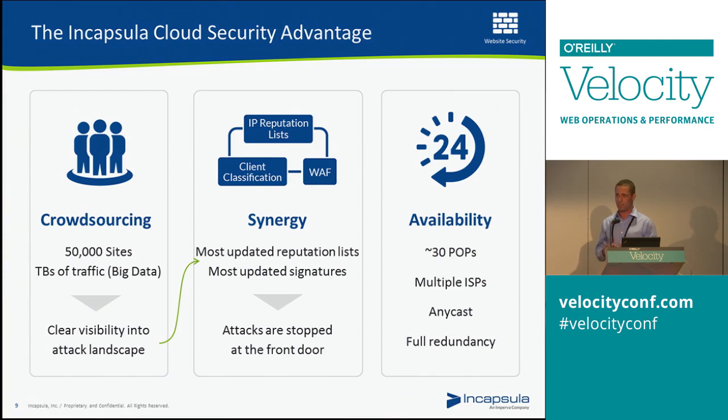The availability is just amazing, much better than having an on-premise solution. Even if you have a cluster of appliances, it's not the same as having 30 data centers that are fully redundant with each other. It gives a great value in terms of availability. So that's just a taste of what's unique about application security from the cloud.